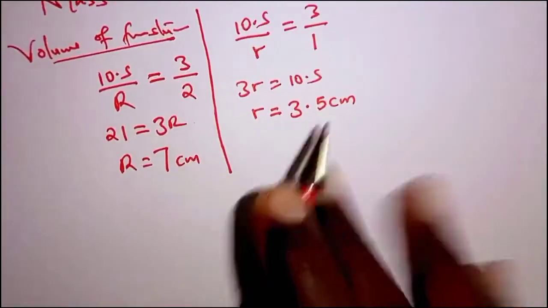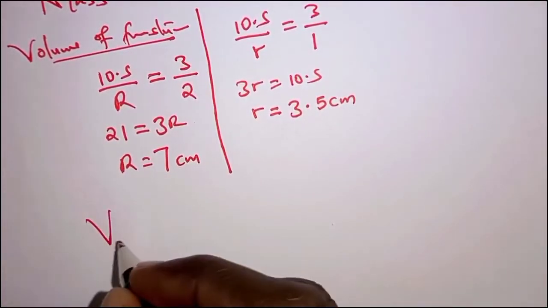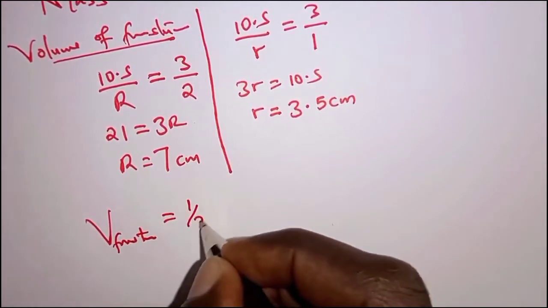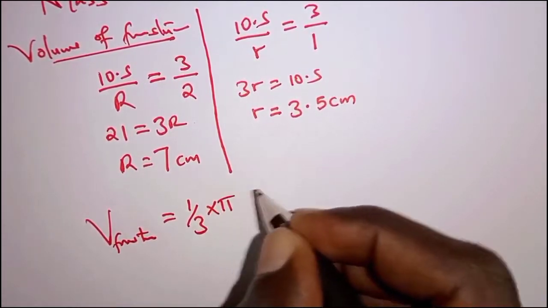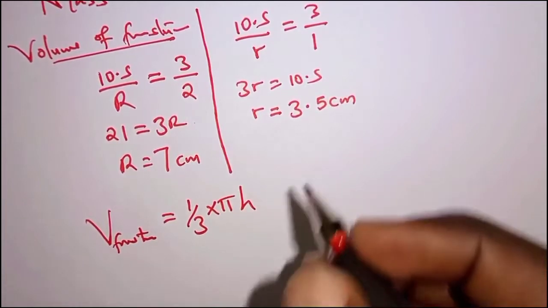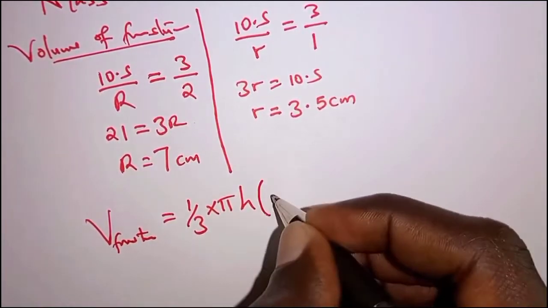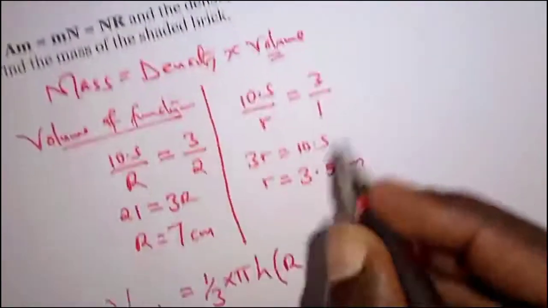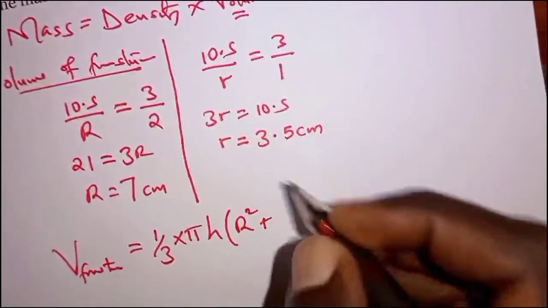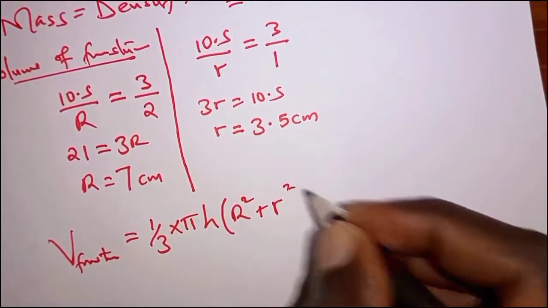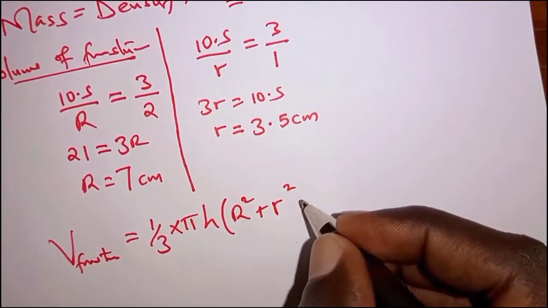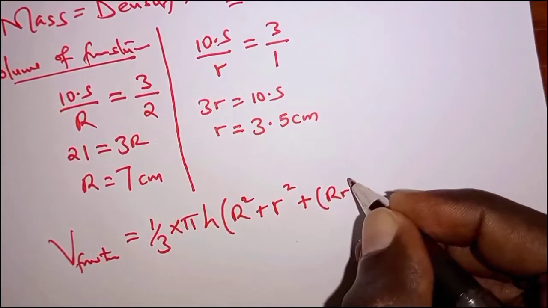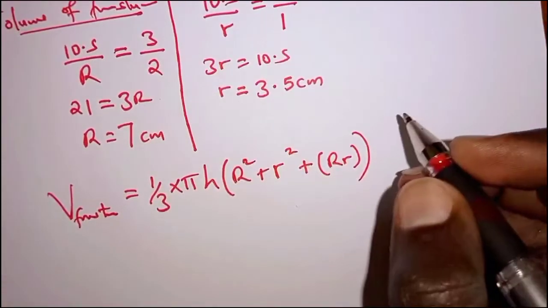So we'll have the volume of the frustum calculated as 1/3 times pi times the height of the frustum into the base radius of the frustum, that is R squared, plus the top radius, that is r squared, and then we will have to add to these the product of the two radii. Now this will give us the volume of the frustum.